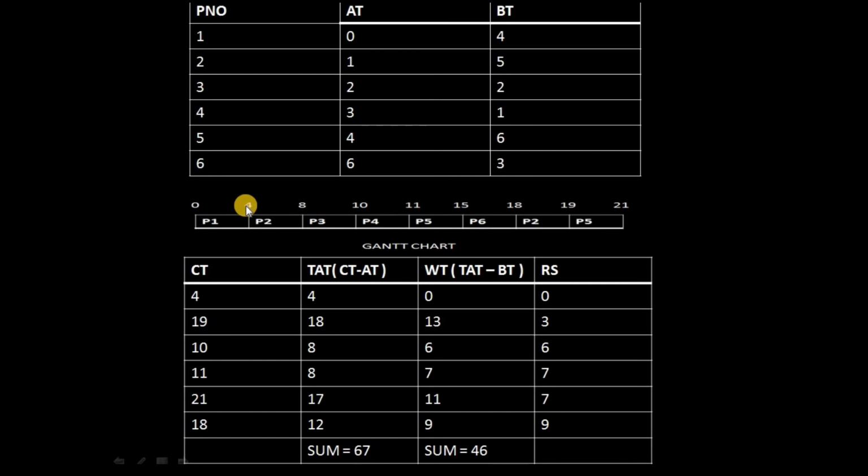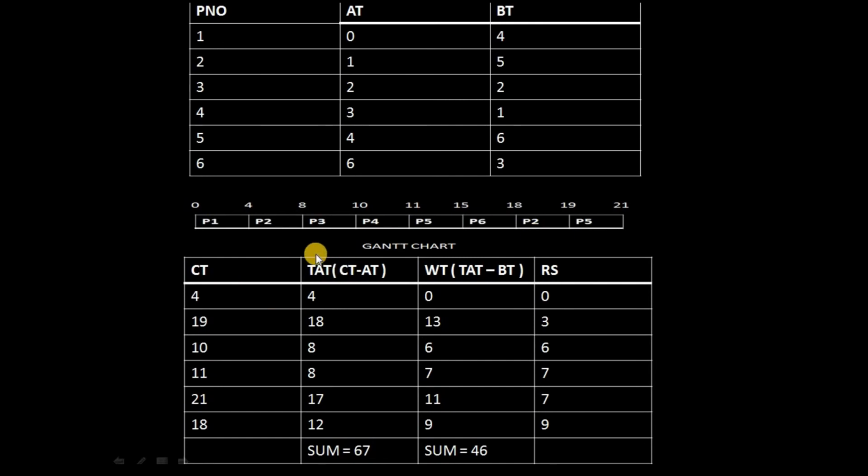For P1 the value is 4, so we put 4 in here, and for P2, look at here, P2 has the value of 19, so we put 19 here. Like that, P3 is 10 and P4 is 11, P5 is 21. Look at this, there is 21, and the P6 will be 18.